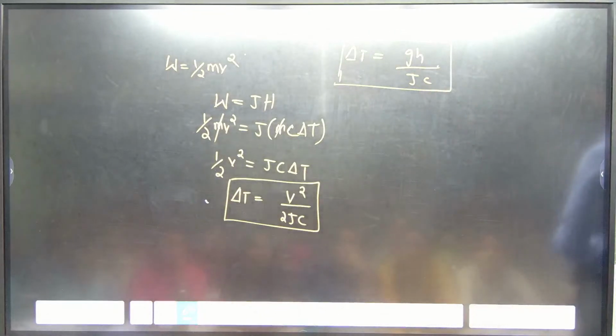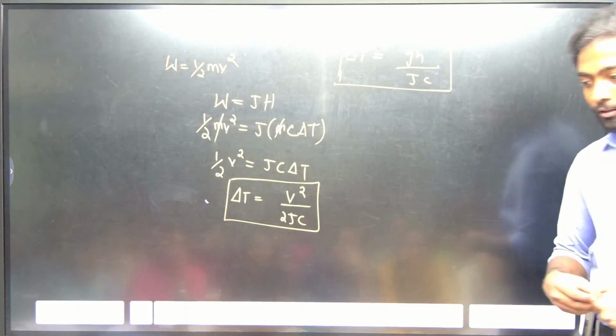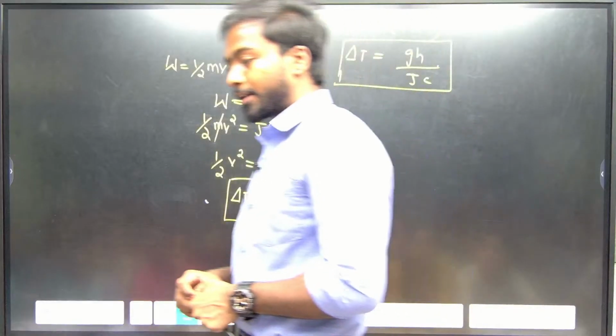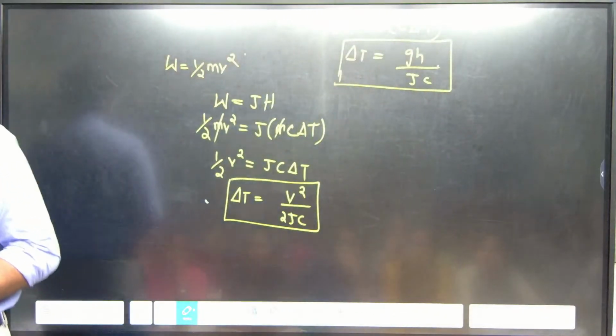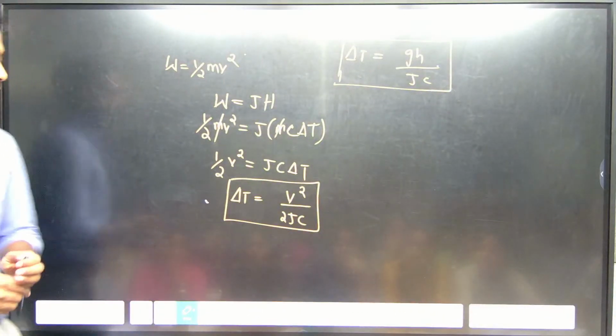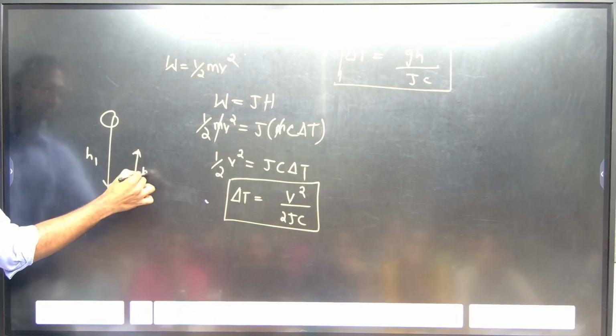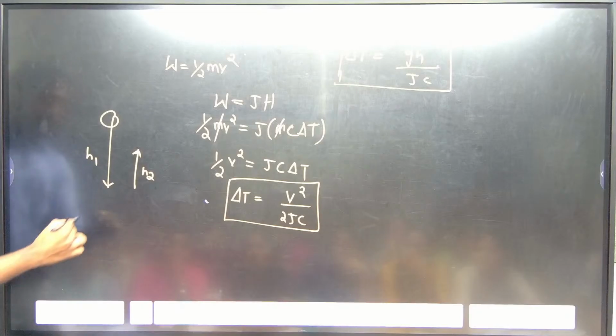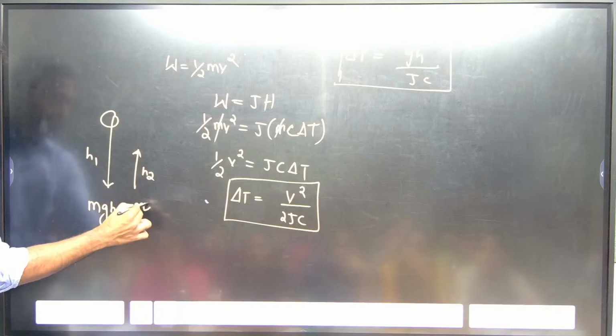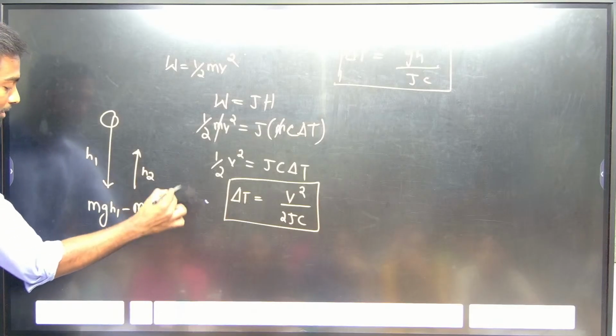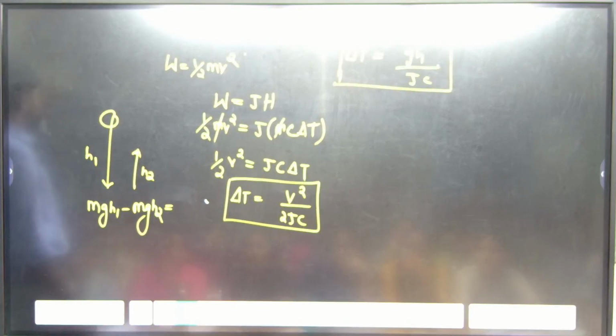Suppose they are telling that an object is falling from height h1 and it has rebounded back to height h2. This is h1 and this is h2. Okay, so in this, mgh1 minus mgh2 will be equal to J into mc delta T, again since they are asking the change in temperature.